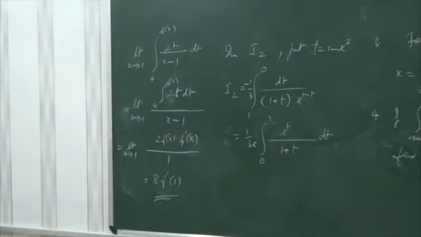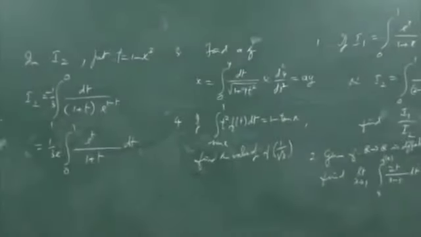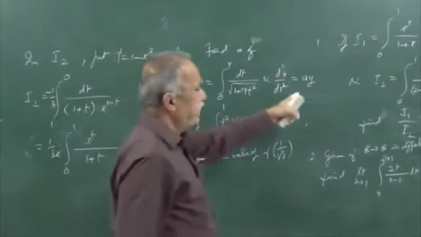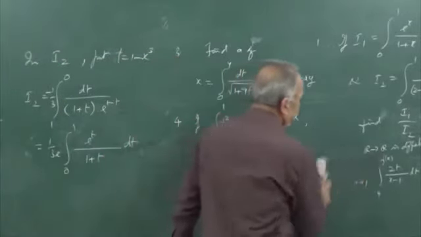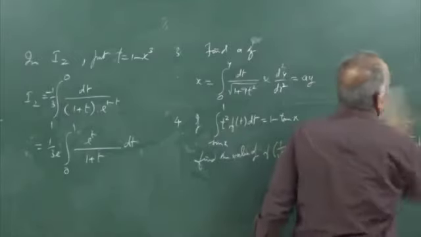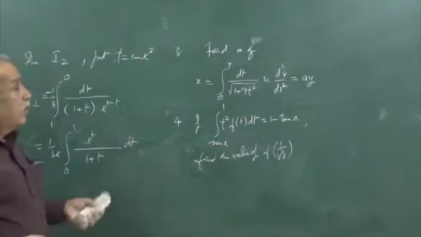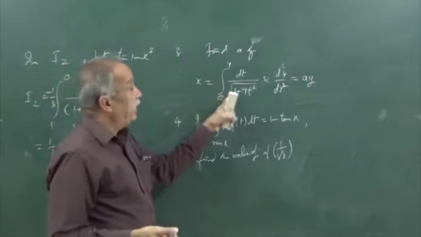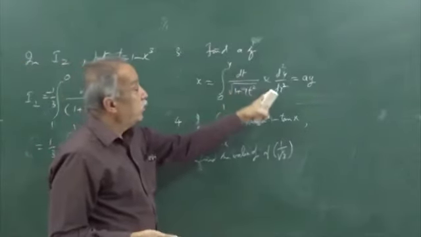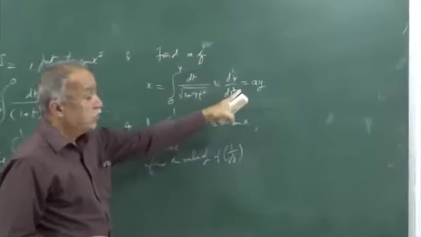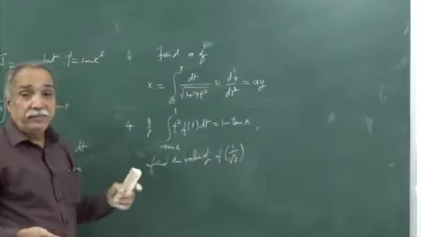Okay. Then find a if x is this much and d square y by dx square is ay. Given x as an integral with upper limit y, and given d square y by dx square is ay, to determine a.